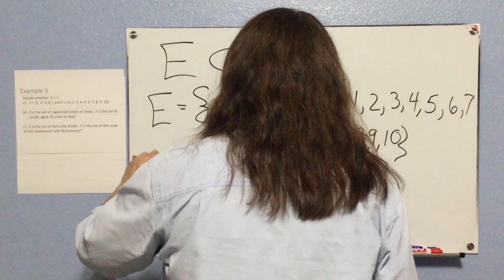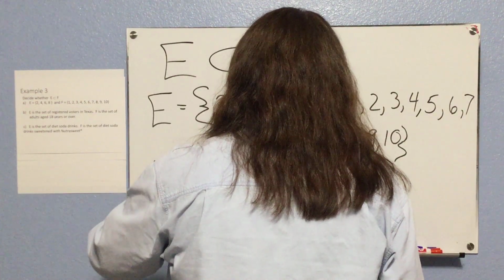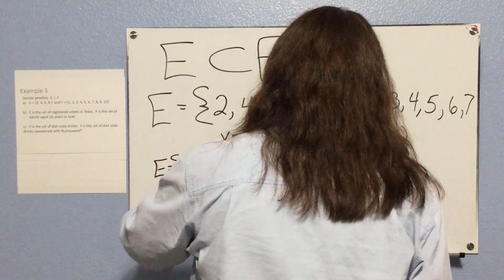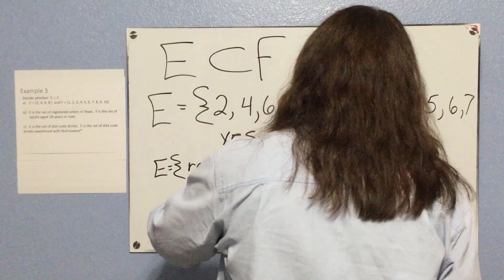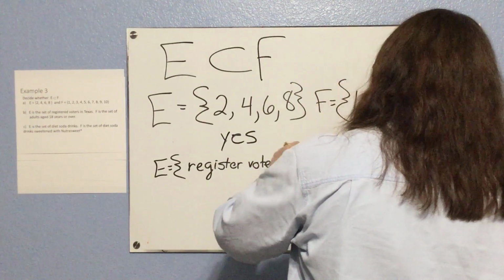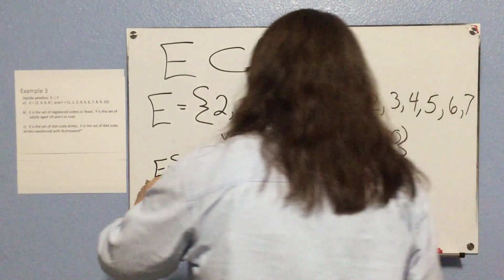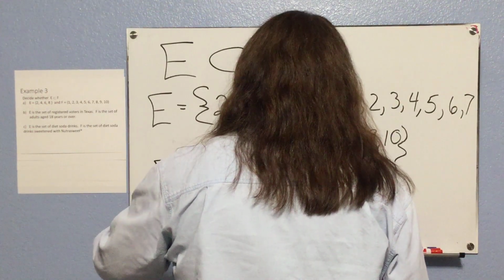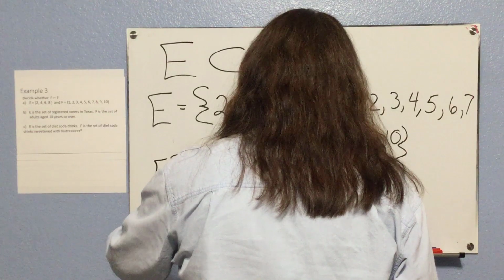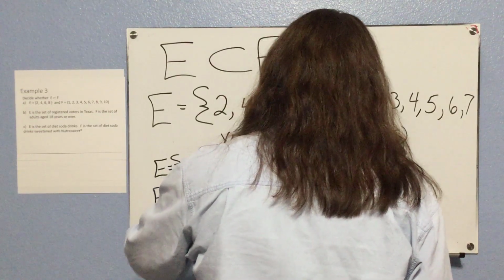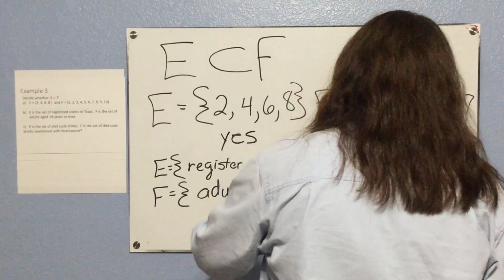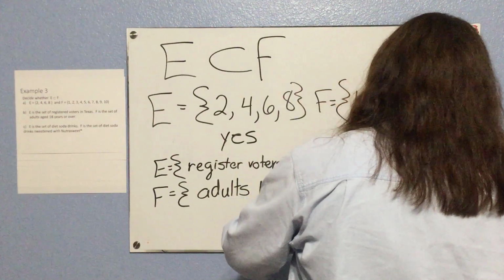How about if E is the set of registered voters in Texas, and F is a set of adults 18 years and older?